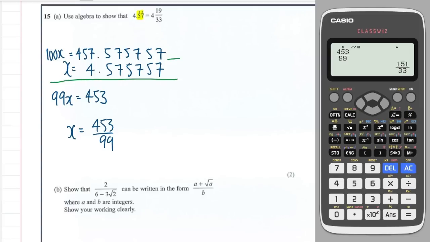Okay, so that's 151 over 33. And let's just check, if we do 33 multiplied by 4, we get 132. And does that mean if I take that away from 151, there is 19 left over? Yes, there are. So that is correct. 4 and 19 over 33.